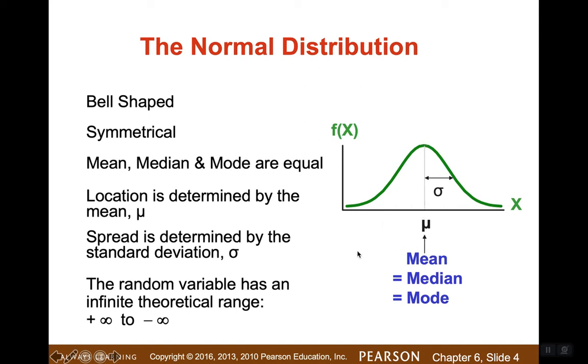It's a combination of both of these, and basically the universe of the outcomes that we're looking to draw fall underneath this curve. So this curve represents all of the possible outcomes. And the random variable has an infinite theoretical range of plus to minus infinity.